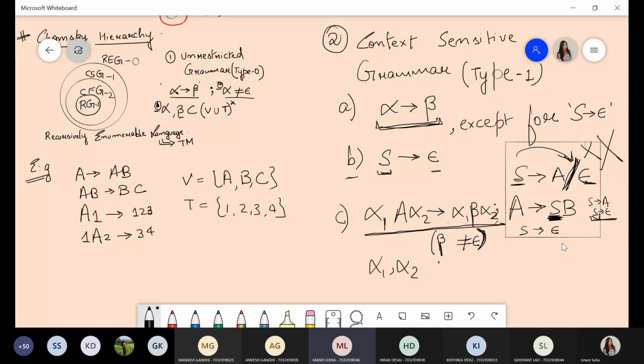Ma'am, can you repeat the last sentence? Yes. Do not write context. Write down type 1 grammar generates context sensitive language which are recognized by linear bounded automata, LBA. Linear bounded automata. Write it down.